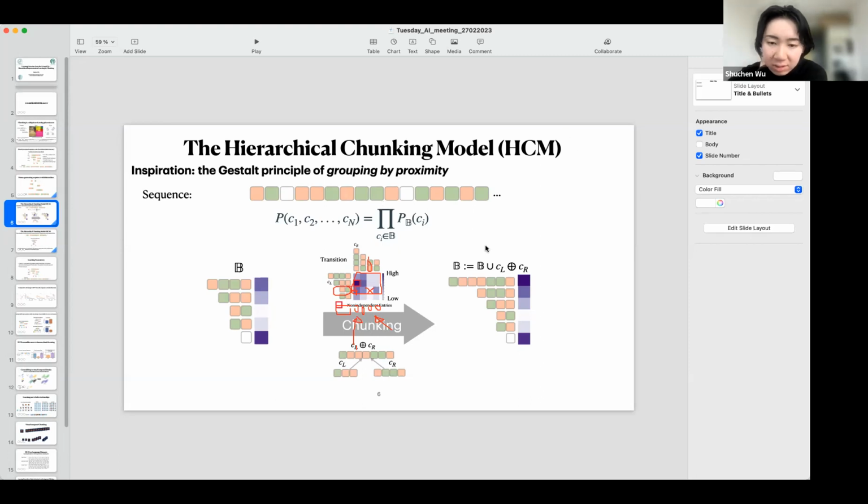So there are two choices here. Once you have formed this additional chunk, you can start from the transition that this chunk follows another chunk. So you copy all the entries from this chunk to the other chunk into this additional chunk, because anything following this chunk can be following this chunk as well.